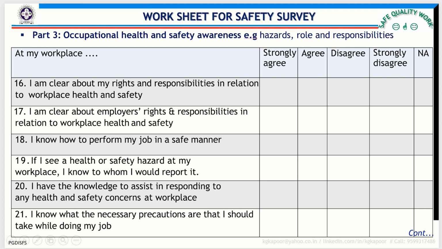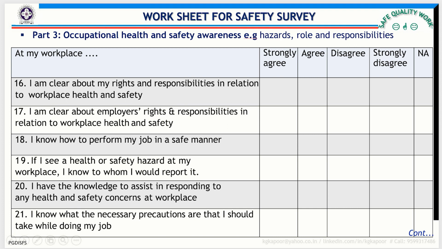In part 3, the element of interest is occupational health and safety awareness, that is hazards, roles and responsibilities. Here the question is: at my workplace I am clear about my rights and responsibilities in relation to workplace health and safety. You may answer strongly agree, agree, disagree, strongly disagree, not applicable.